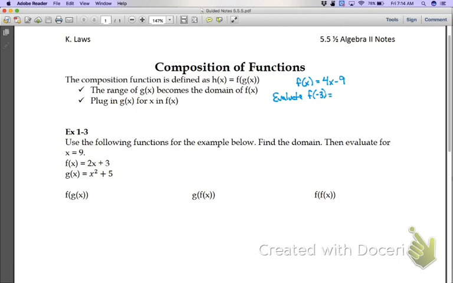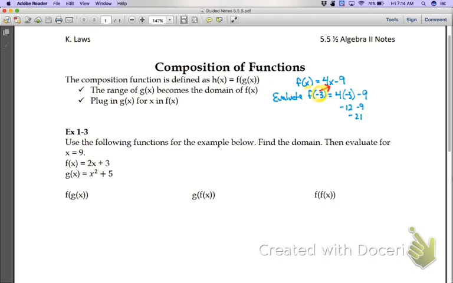What would we do? We would take the negative 3, and since this was an x, the negative 3 becomes the x. Wherever there was an x, I plug it in, and I would have 4 times negative 3, then minus 9. So I'd have negative 12 minus 9, and I would get negative 21.